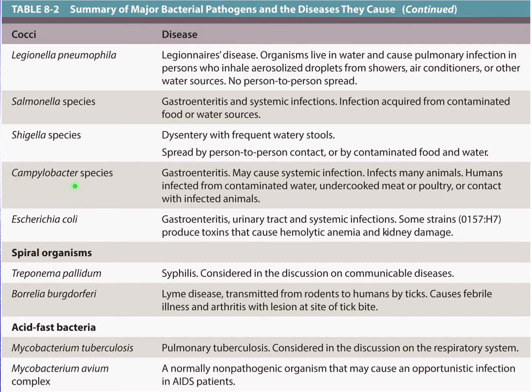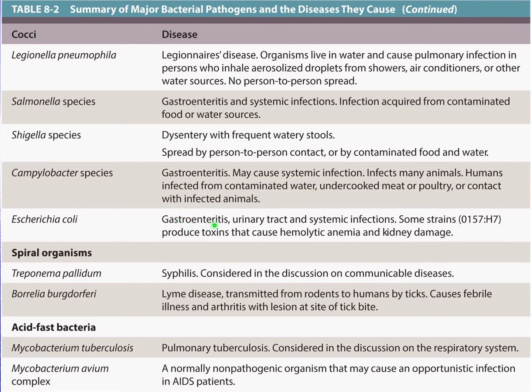The Campylobacter species again cause gastroenteritis, may cause systemic infection. Usually we get this from, again, contacting contaminated water or eating undercooked meat or poultry or contact with infected animals. And then kind of the big poster child of these four big enteric bacteria, we call them, is E. coli.